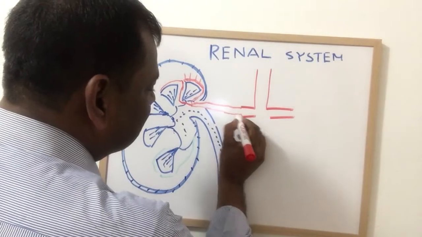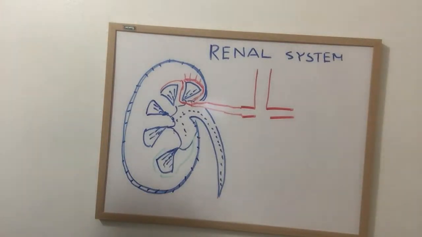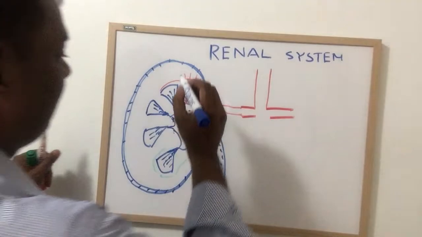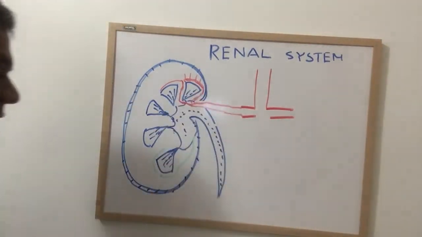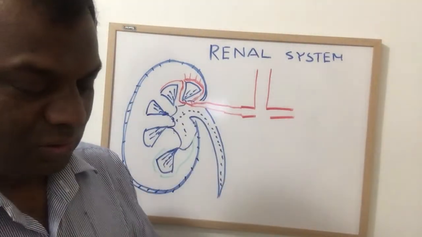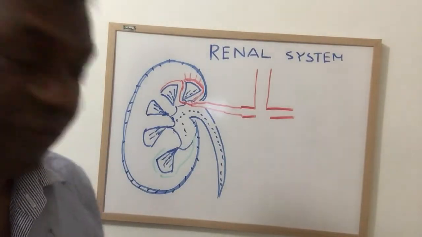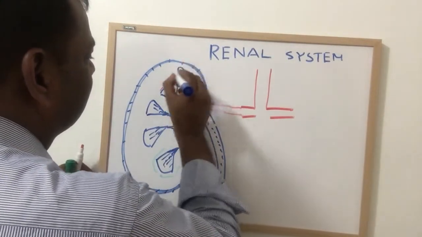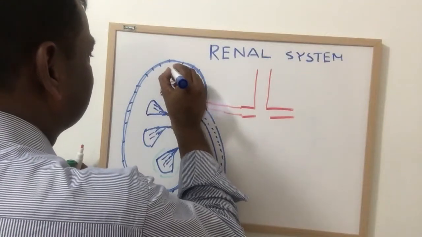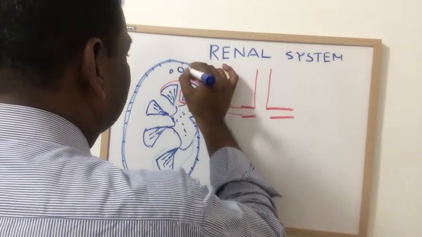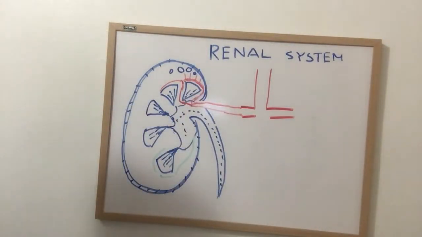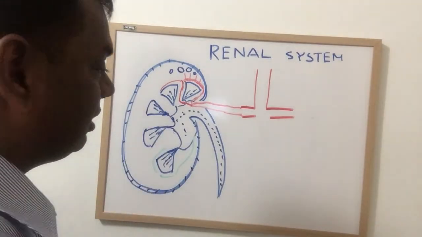Since it turns into efferent arteries, we must be thinking about some connection from the efferent arteries to the nephron. So there should be some nephron here, because the nephron, we know, connects with the efferent artery, which supplies blood to the nephron.